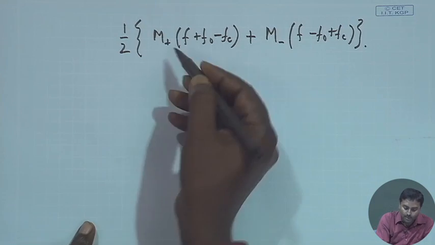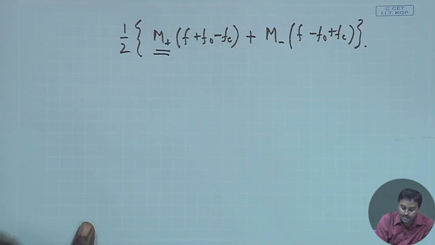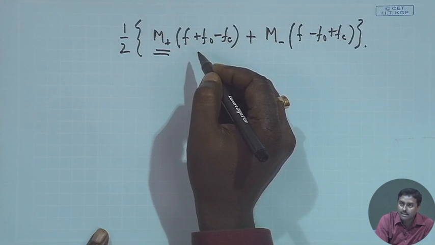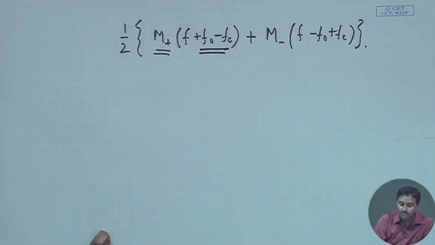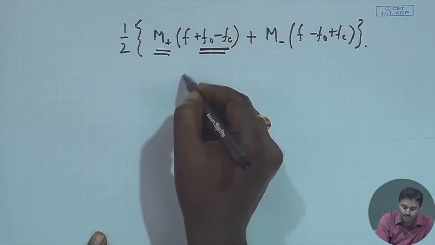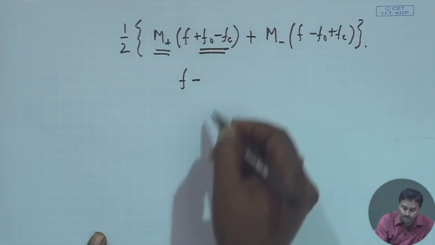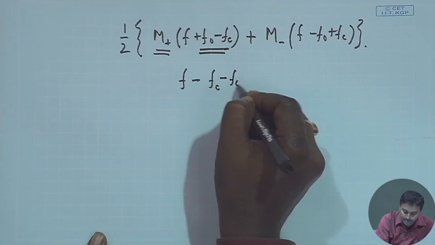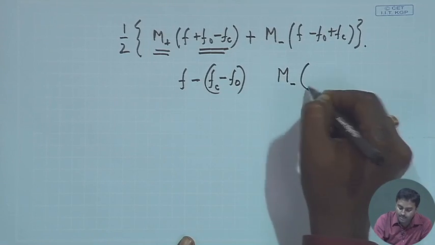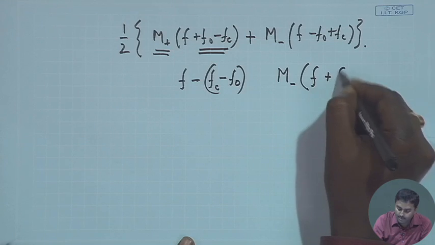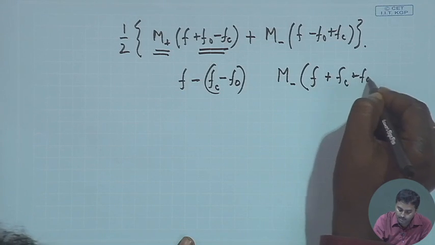If you just see the m plus part, which is translated at frequency, because Fc is the greater one, I can write it as Fc minus f0, right. And this m minus has been translated to f plus Fc minus f0.